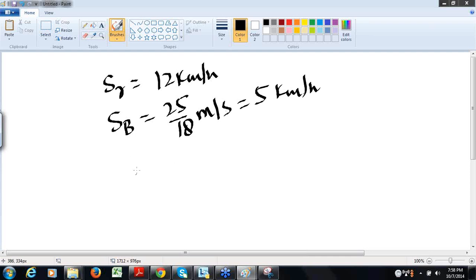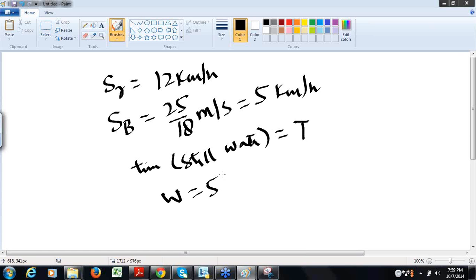Let the time taken by the boy in still water to cross the river be t. So width of river is what? 5t. Width of river is 5t. The boy takes the least time when he is traveling across the river, but the river current pushes him in a direction perpendicular to the distance traveled.